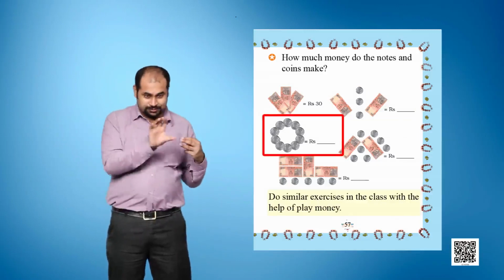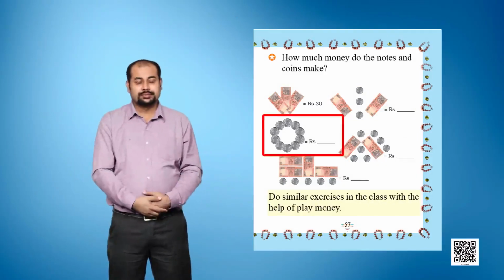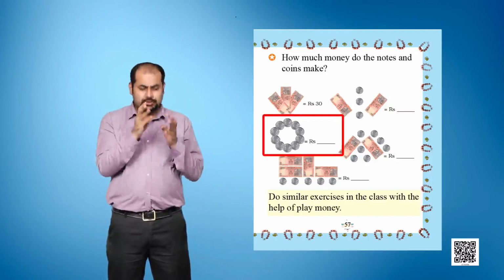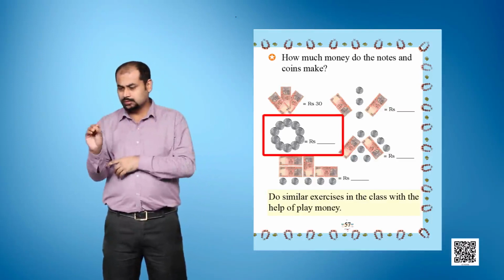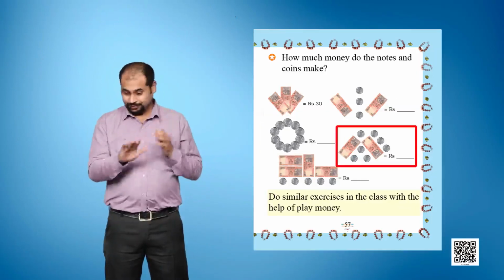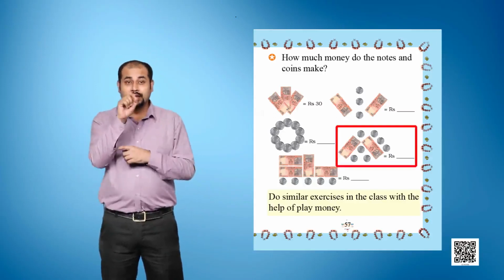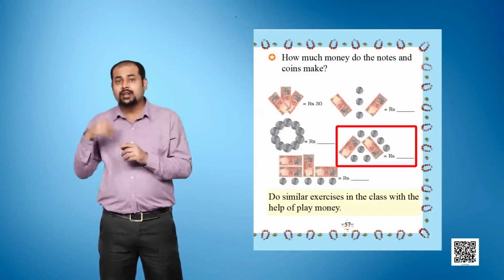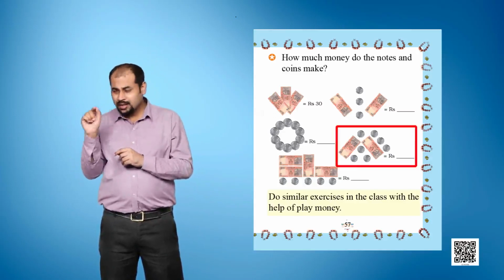Picture 3 shows 10 1-rupee coins and empty space for the answer. Picture 4 shows 2 10-rupee notes, 7 1-rupee coins and empty space for the answer.